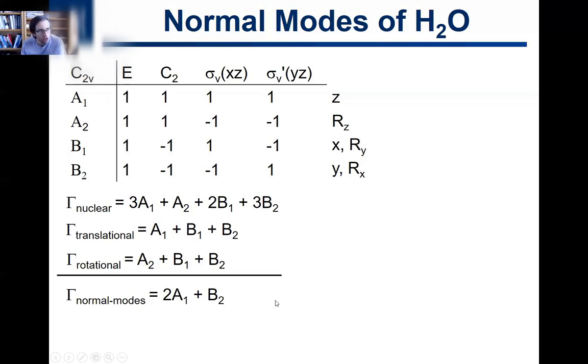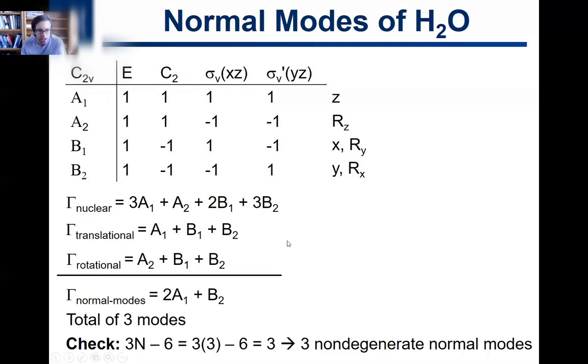So those are your normal modes for a water molecule, right? We have 2 A1s and 1 B2. So these are the fundamental symmetries of how bonds can contract and expand in a water molecule. And so there's 3 modes, and we can check this, right?